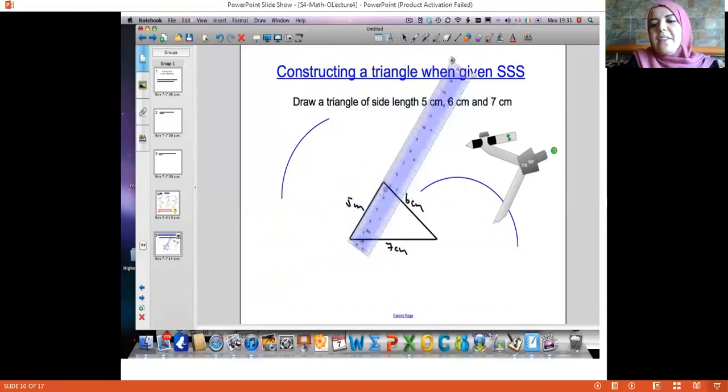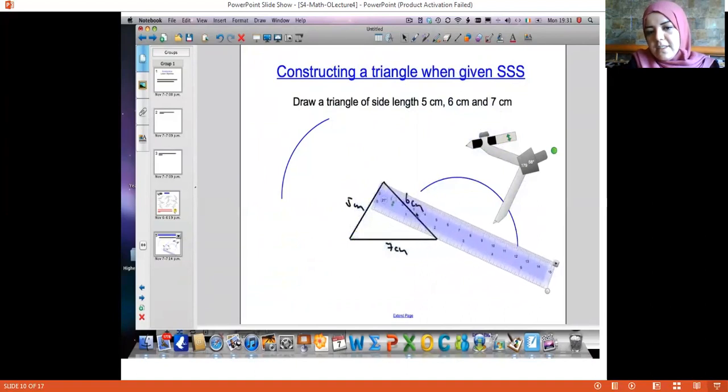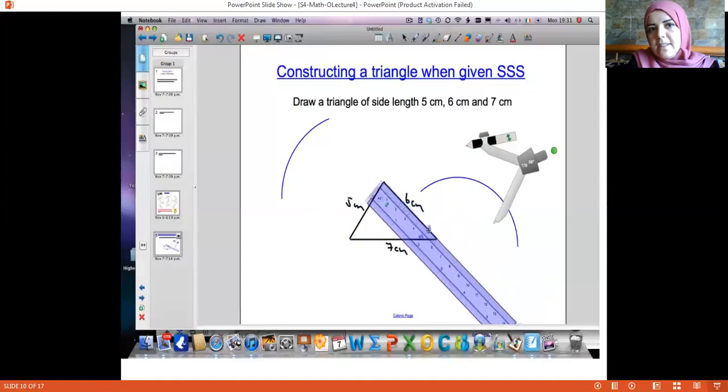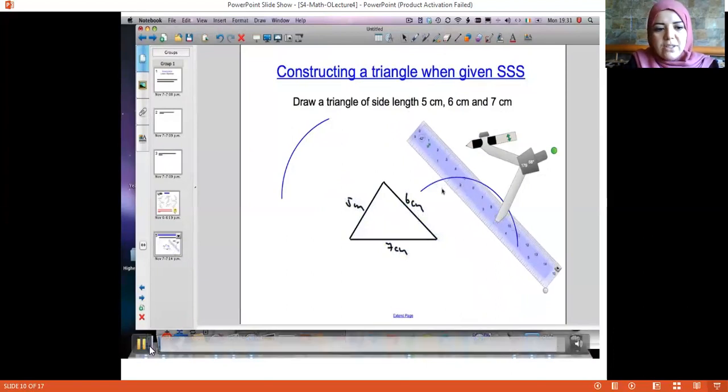Exactly. And the other side is also 6 centimeters. Great. And that's how we construct a triangle with 3 sides.